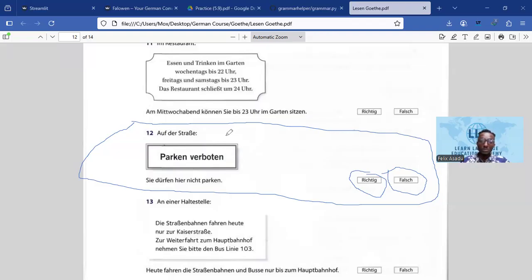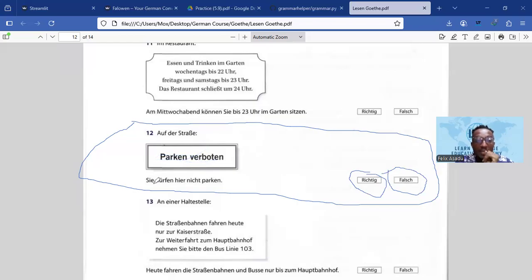You see parking verboten, and they are saying that Sie dürfen hier nicht parken. You think it's richtig or falsch? True. Why is it true? It's not allowed. Parking not allowed. Yeah. So this one is parking verboten. That means that you are not allowed to park here, right?